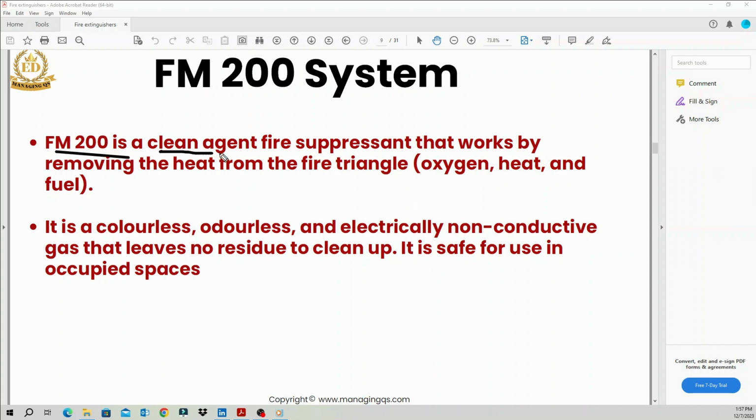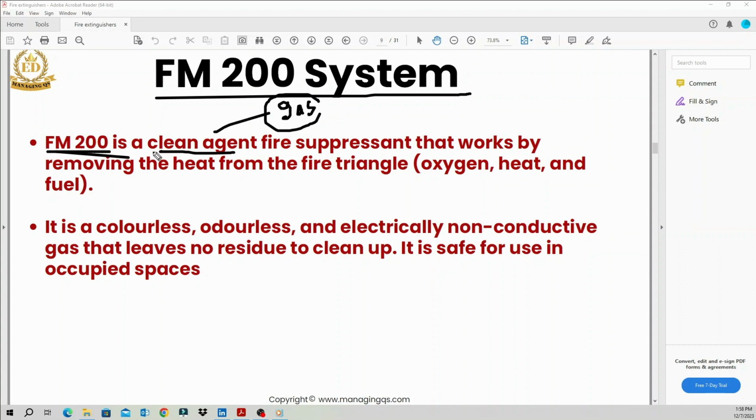FM200 is a clean agent. Clean agent is one of the technical terminologies we use in firefighting. Clean agent means we should understand that it is a gas. So for the FM200 system, we are using gas, the clean agent. Okay, right.